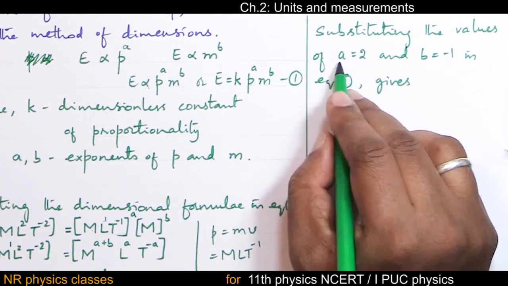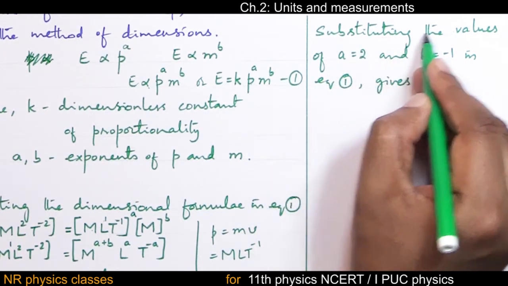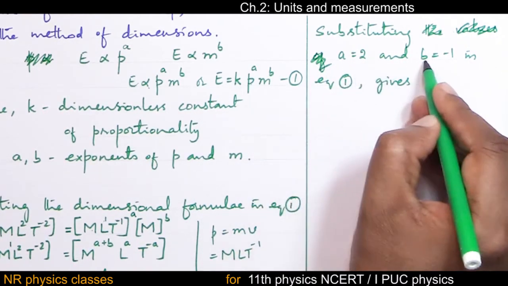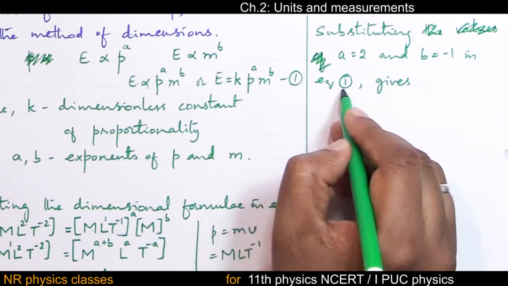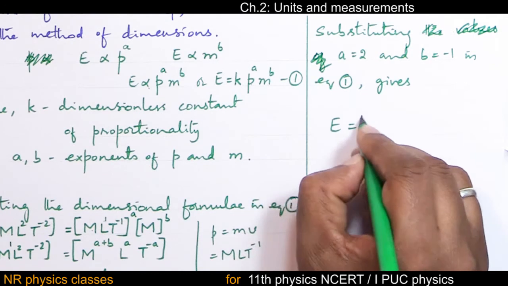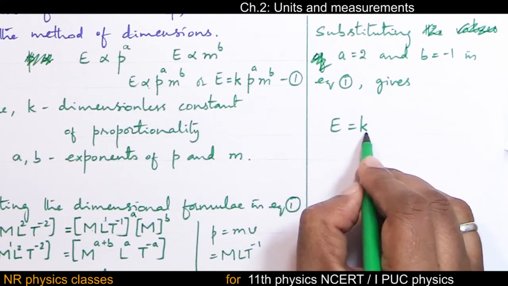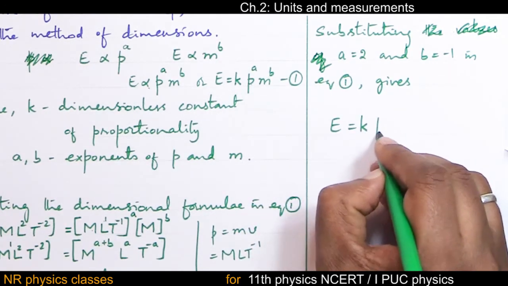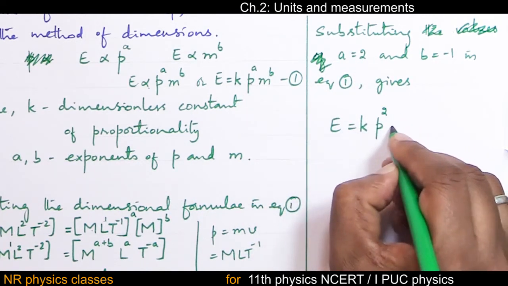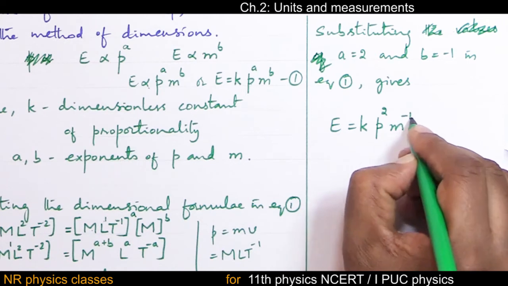Substituting A equal to 2 and B equal to minus 1 in equation 2 gives energy equal to the proportionality constant K times P power 2, M power minus 1.